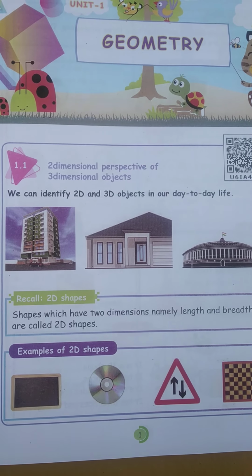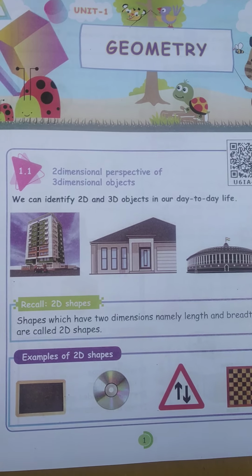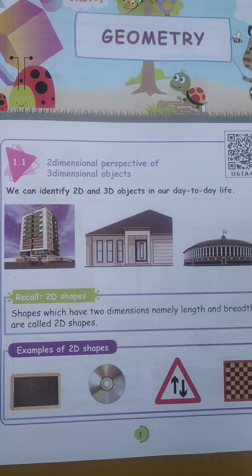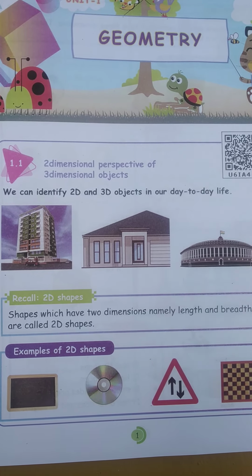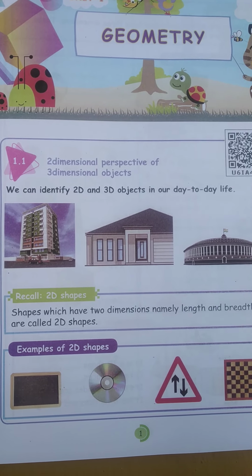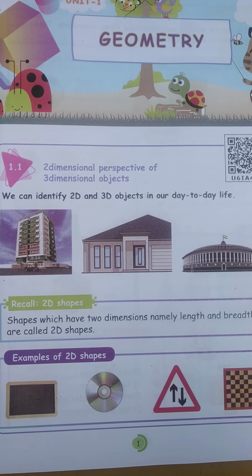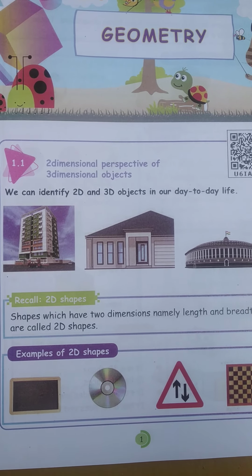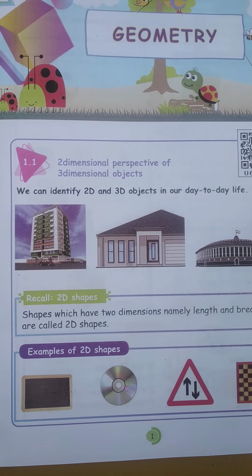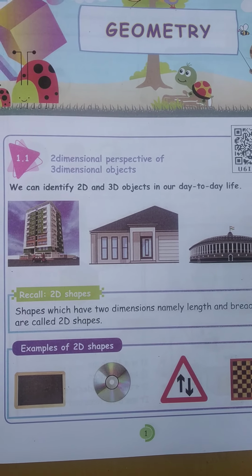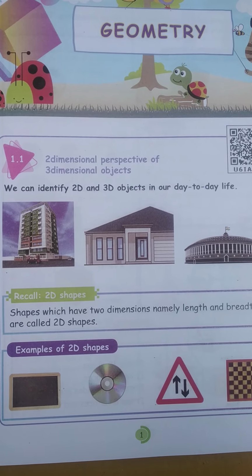Before telling the 3D objects, we will be seeing the 2D shape. If it is a cube, first by looking at the face of the cube, we will say it is a square. Then only we will consider it as a 3D object. So that is what we are going to learn in this chapter.